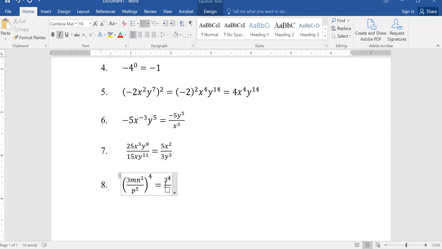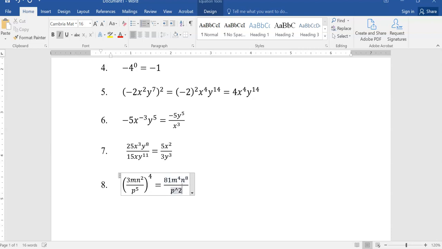By the way, 3 to the 4th power is 81. Maybe I'll just write 81 there instead of 3 to the 4th power. Then you're going to raise m to the 4th power. N squared gets raised to the 4th power. That power to power rule says 2 times 4 is 8. So you're going to get n to the 8th power.